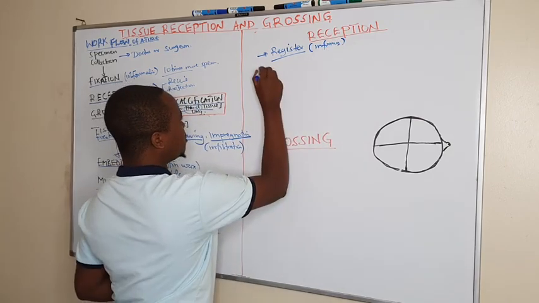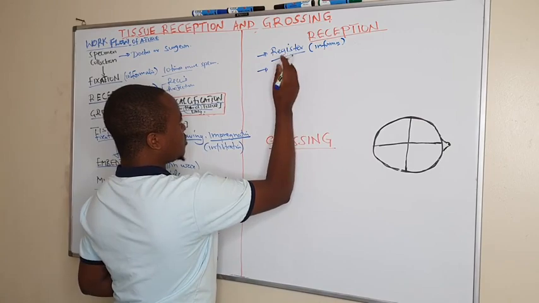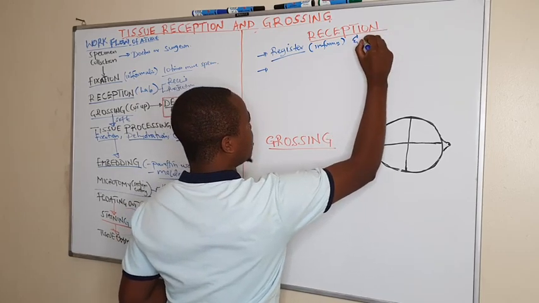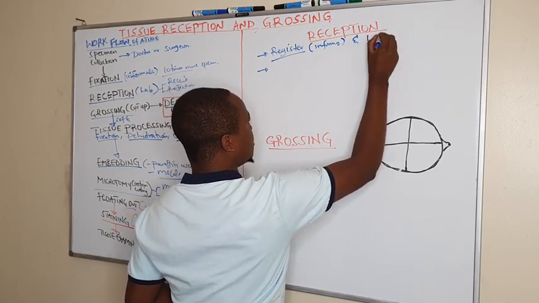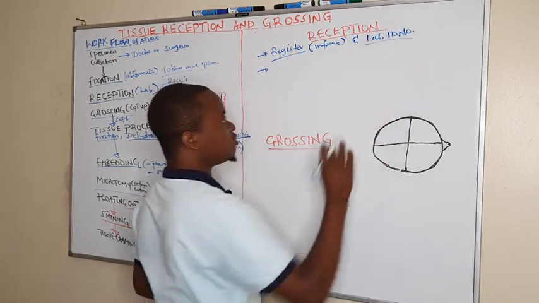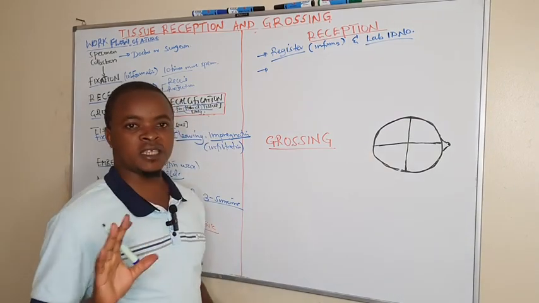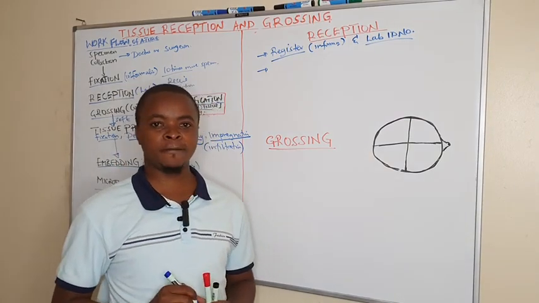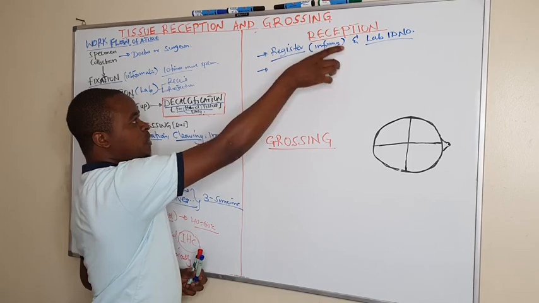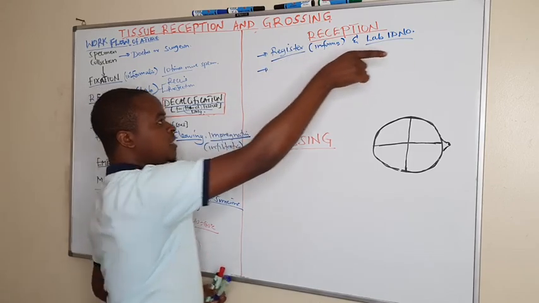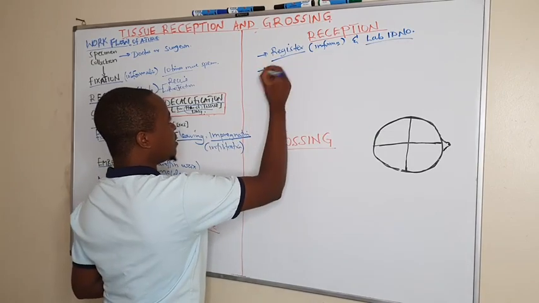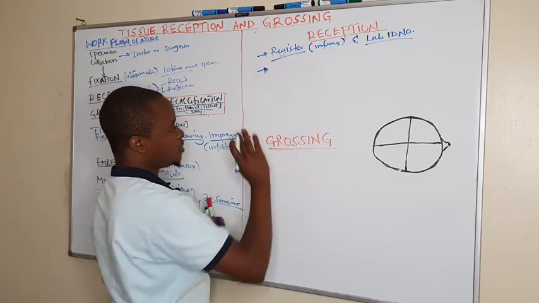After registering the tissue, you register and accession the number. You give it a lab number, a lab ID number, because each tissue should be assigned a lab ID number. And after putting the information of the specimen in the register, assigning it the lab ID number, then you start by matching.